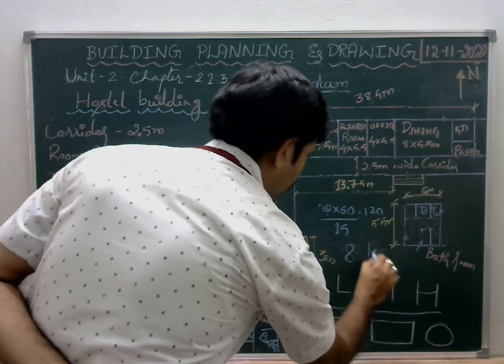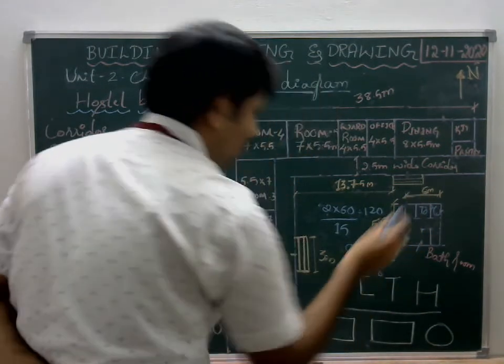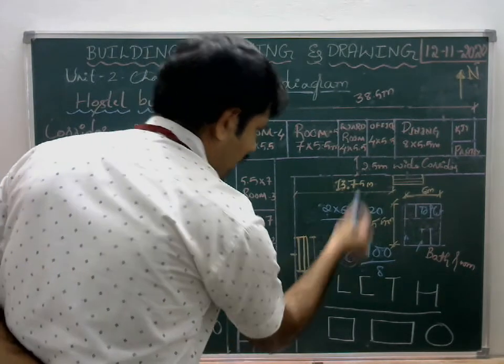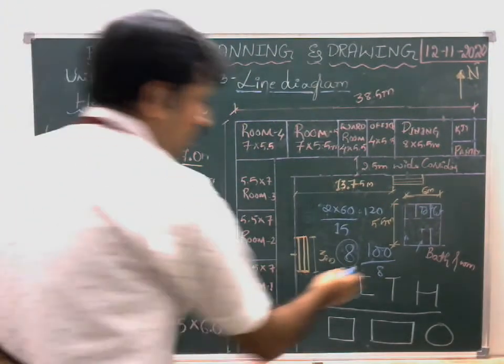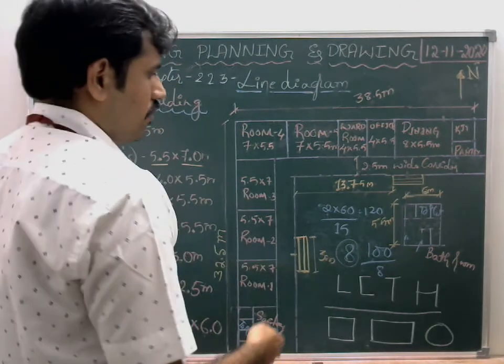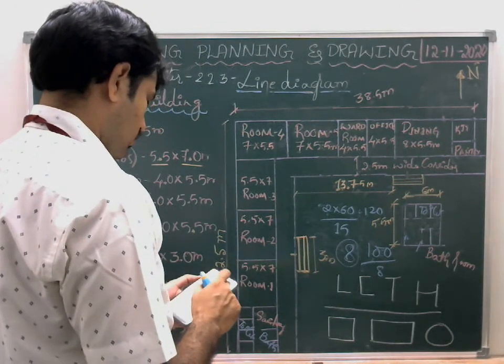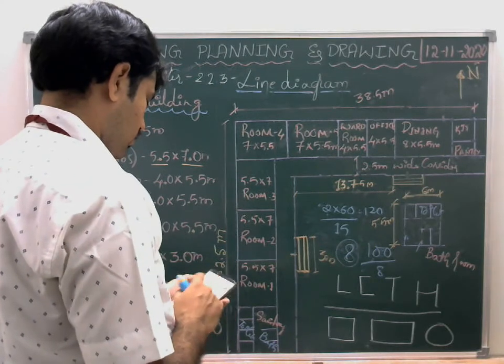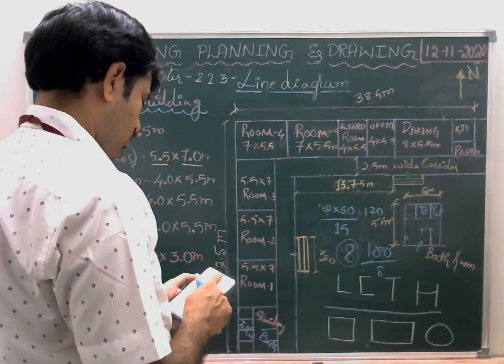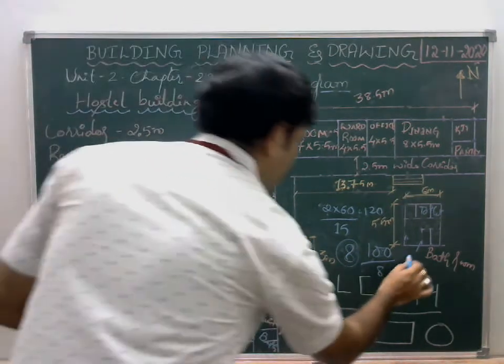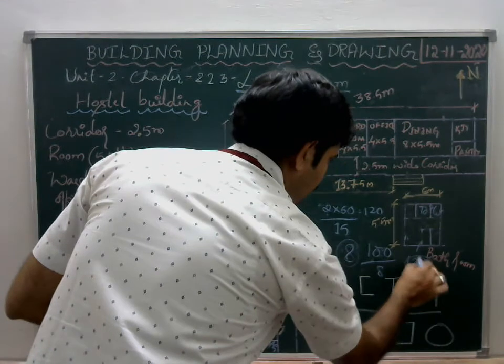That means in 2 hours, if you provide one toilet, it will serve 8 people. So 100 divided by 8 takes around 12.5, and I will take this as 13.